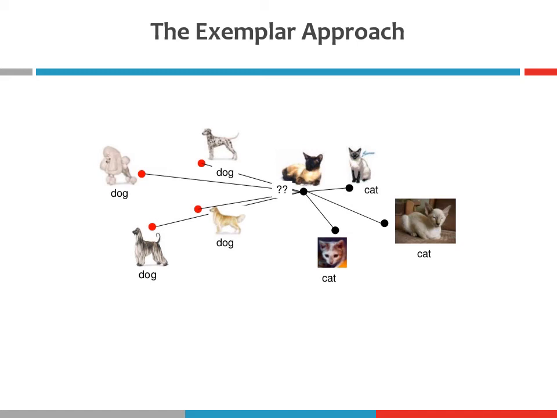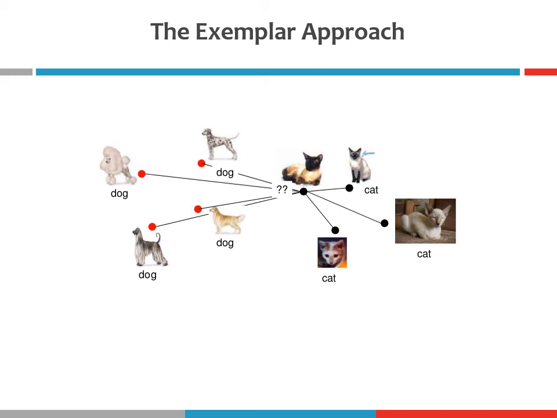So instead of comparing this new object to a single average cat or prototype for cat, you're going to compare that new object to all of the cats you have seen, and possibly all of the dogs you have seen as well, because in this case, your category would be furry, four-legged animal, right?